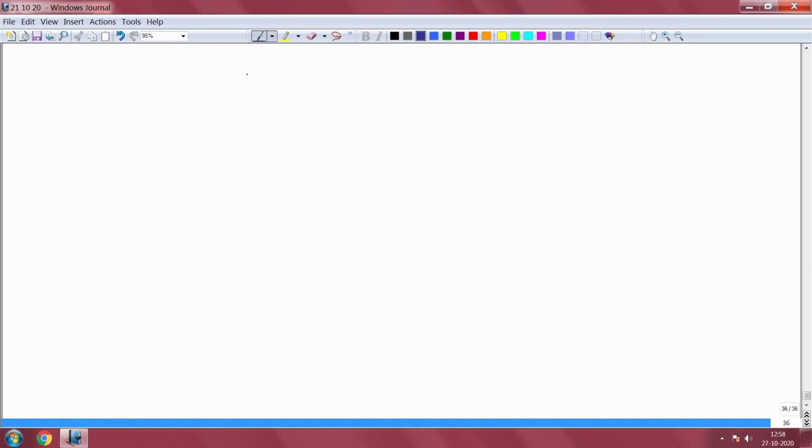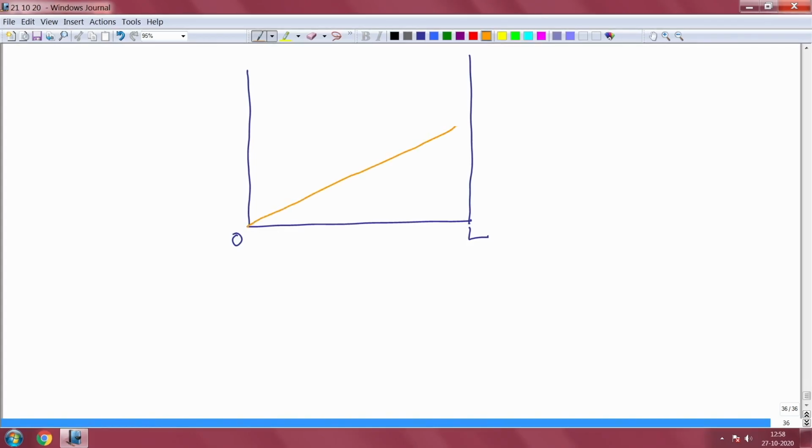So, let me write again this 0 L, and now you draw the characteristics. So, let me just use a different color. Through these points, and keep on doing that. Okay. So, these are characteristics.